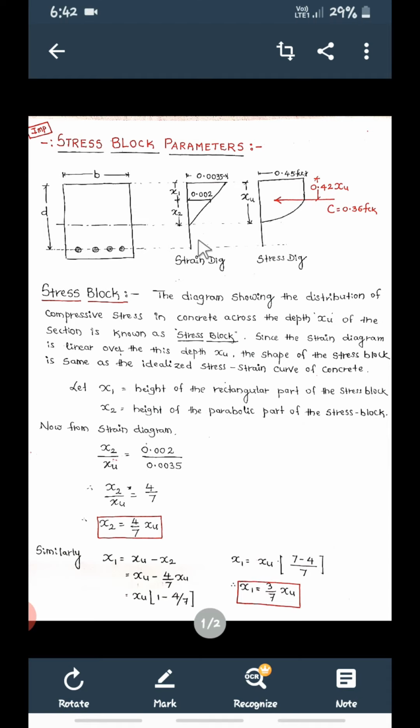Now consider this strain diagram. Here x1, this is x2, and somewhere here it is 0.002 and the maximum strain is 0.0035.